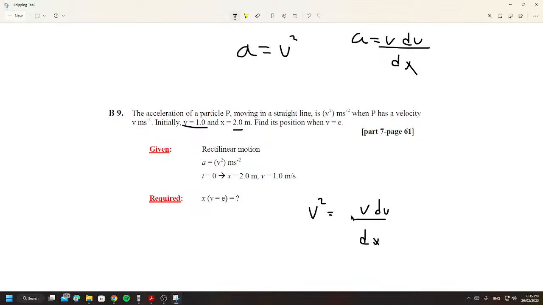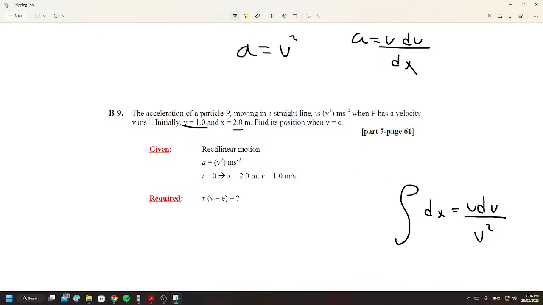Now let's just move everything to the other side. So dx is equal to v dv over v squared. And now we integrate.